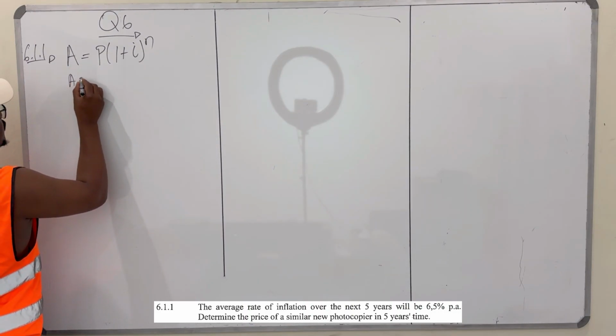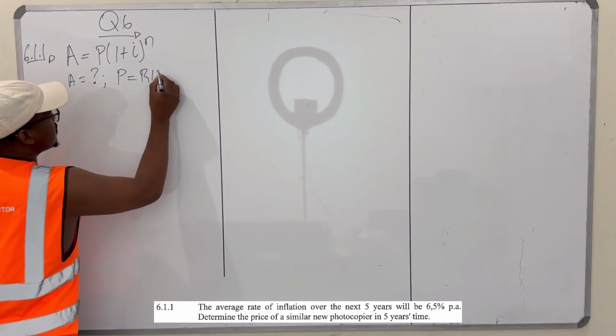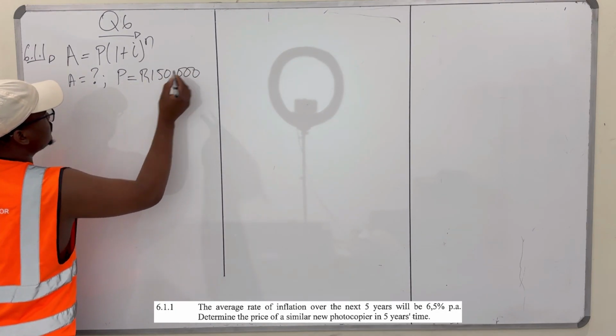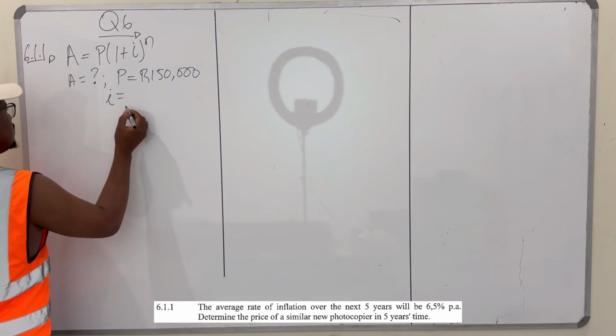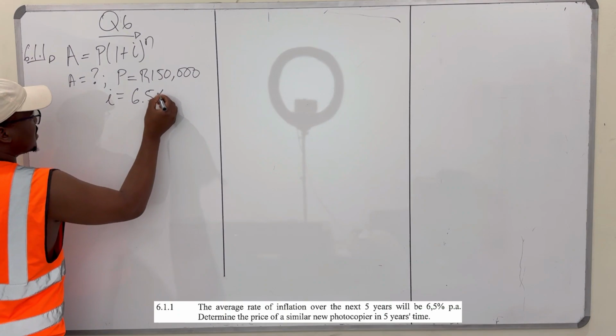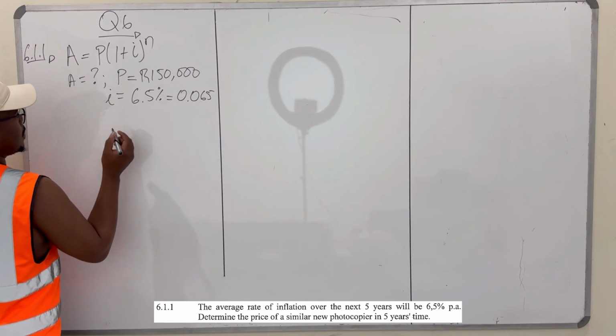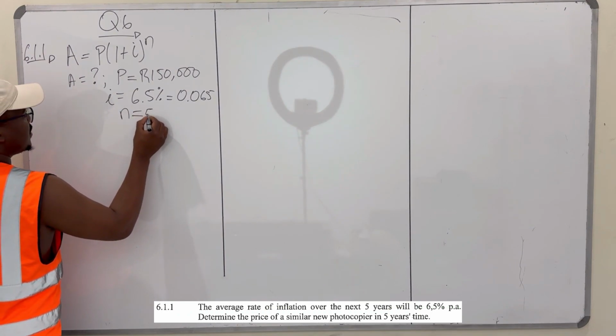A is what you're looking for, the new price of the machine. P is 150,000. And i is 6.5%, which is 0.065. And n, the number of years, is 5.